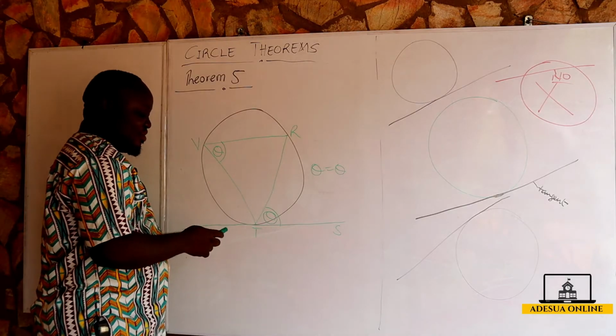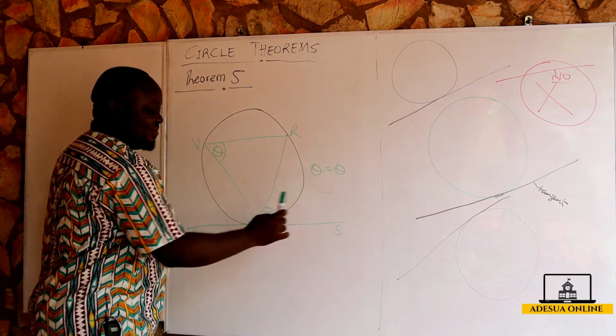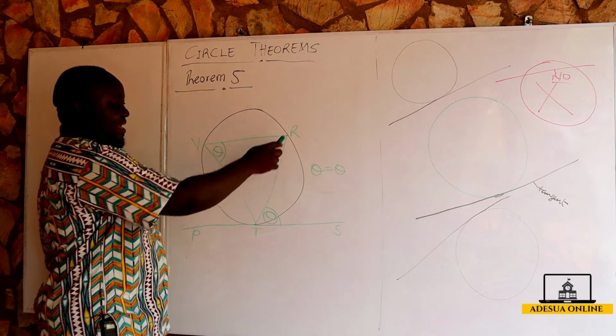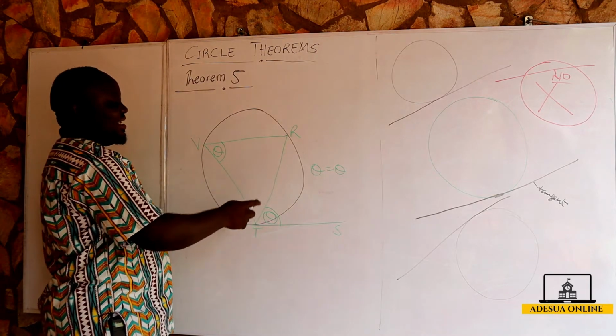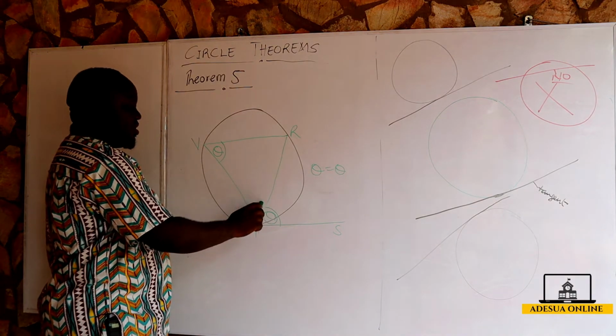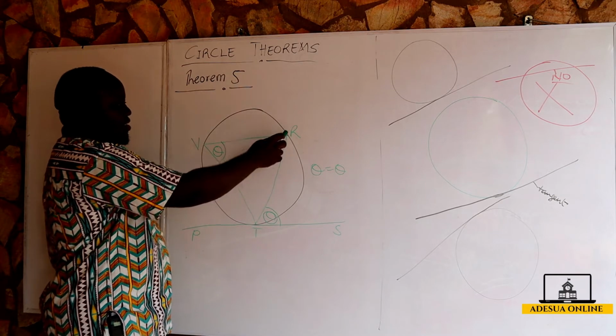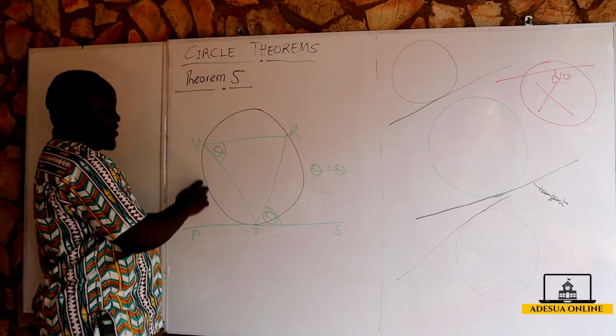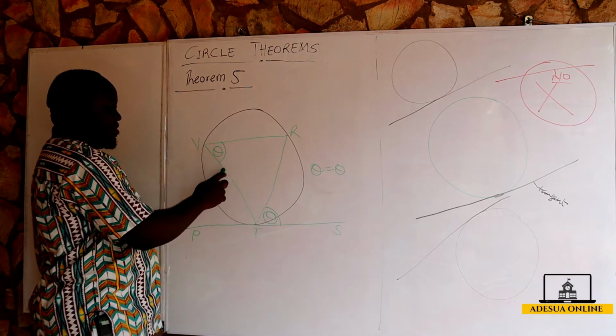The angle between this chord and this tangent, which is this angle theta, is equal to the angle this chord RT subtends at the circumference at V. So this angle is equal to this angle.